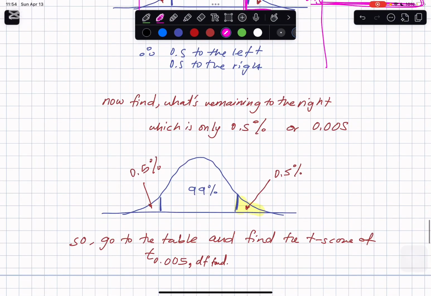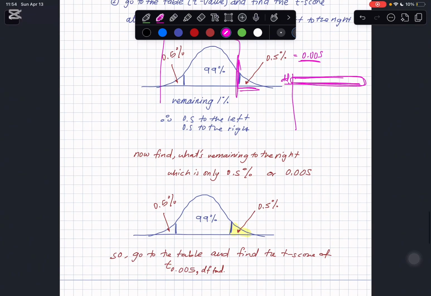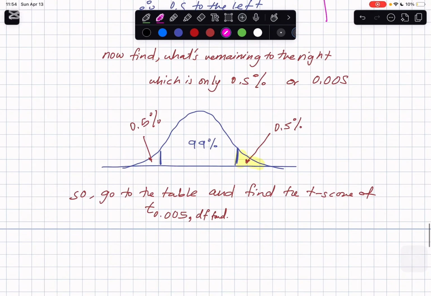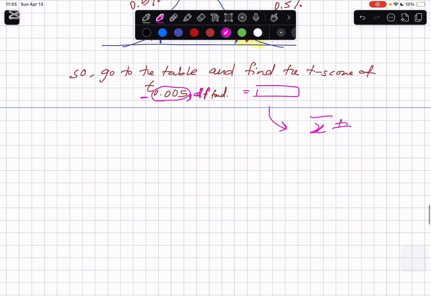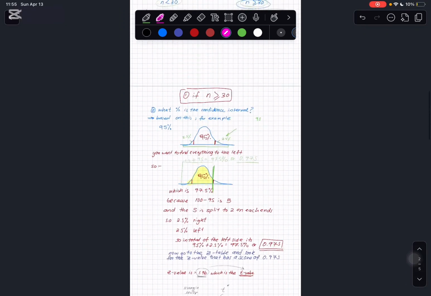From the t value, again, just go back to the table, plug it in, and we're done. It's going to be the t at the upper tail probability, comma, the degree of freedom that you found, and you're going to get a number. That number you take and plug it into the equation we've been talking about since the morning, x bar plus minus m, and the m we said is t times s over square root of n. So this is the general way you want to solve these questions.